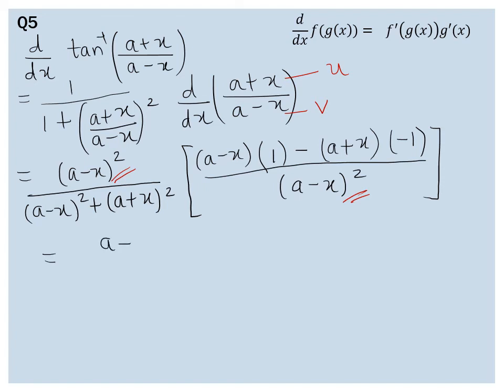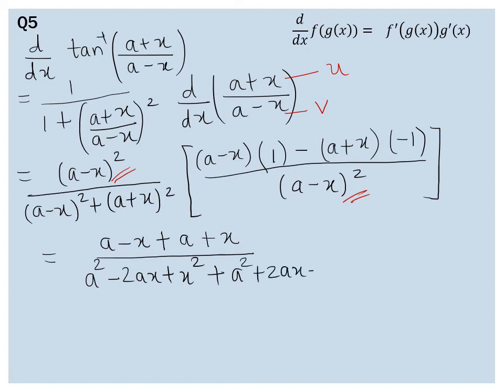a minus x plus a plus x, divided by (a minus x) the whole square, that is a square minus 2ax plus x square, and (a plus x) the whole square is a square plus 2ax plus x square.